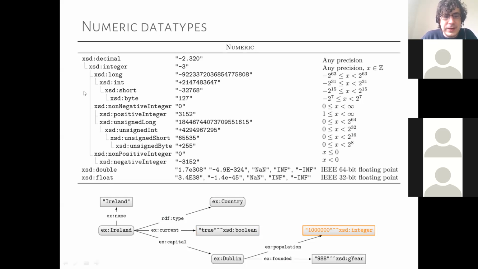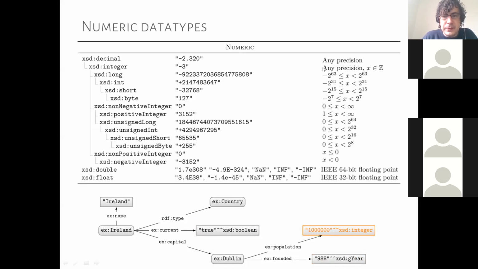For this reason they're not under decimal, which covers exact values. The most common ones used here are just integer and decimal, really. But we can also say, for example, if we're dealing with ages, that this would be non-negative integer.